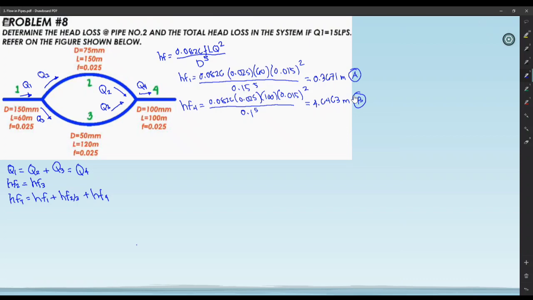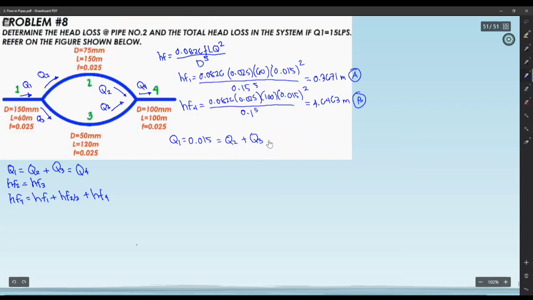Okay, so what is the next thing that we need to do? Siguro apply na natin yung equation na ito, itong Q1. Where Q1 is equivalent dito sa flow rate na 0.015 cubic meter per second, is equal to Q2 plus Q3. Kaso ang problema, wala pa tayong Q2 or Q3.